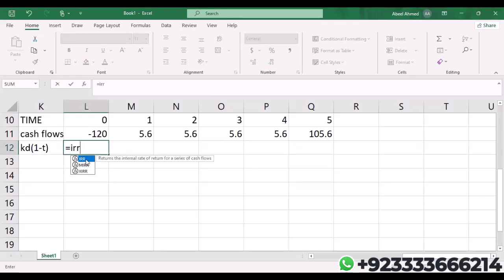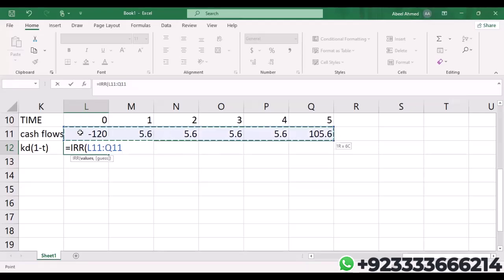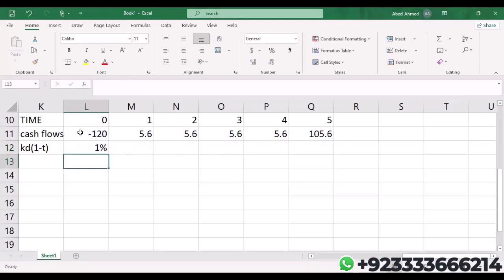Just select IRR, select all the cash flows, close bracket, enter. We are getting 1%. So we are getting IRR 1%. So simply you just need to use the IRR shortcut.